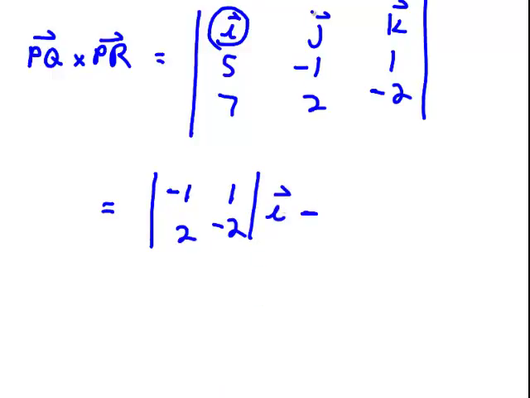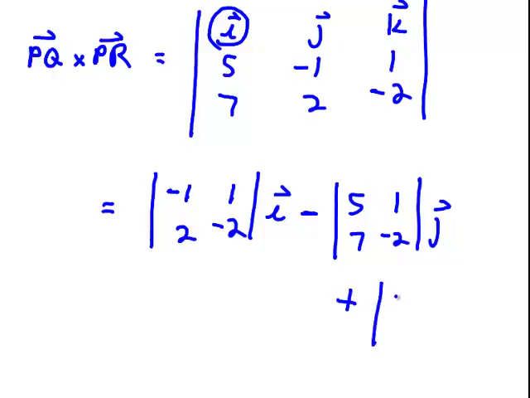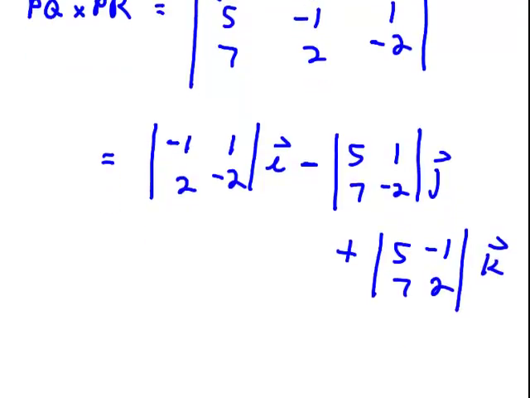Minus, cross out the middle column, top row, the determinant of 5, 1, 7, -2 is your j component. And then plus, cross out the third column, first row, determinant of 5, -1, 7, 2 for your k component.